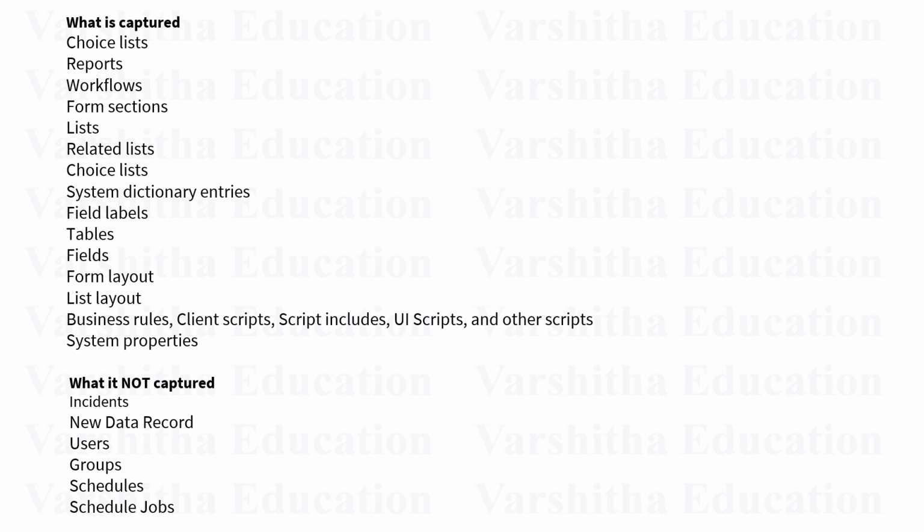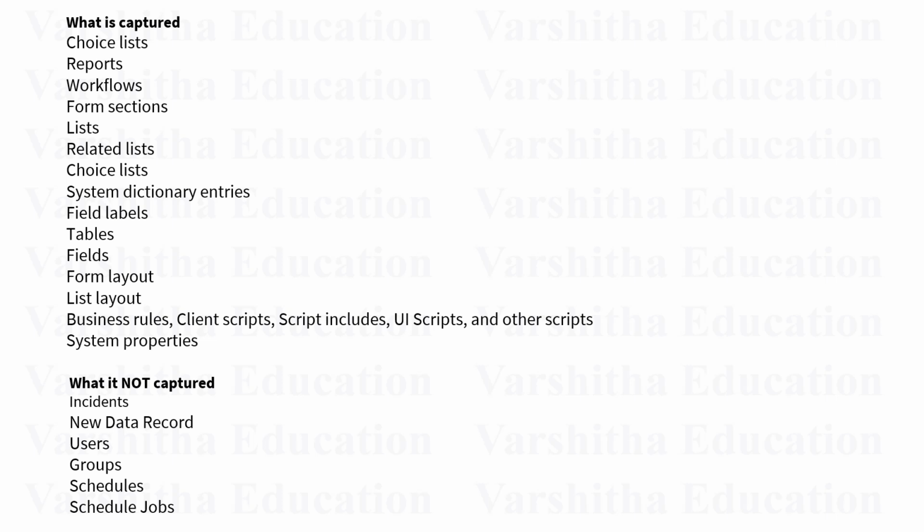So what is captured means choice list will be captured, and reports also, and workflows will also be captured, form sections will also be captured, and next list, related list, choice list, system dictionary entries, field labels, tables, fields, form layout, list layout, business rules, client scripts, script includes, UI scripts and other scripts, system properties. They are all captured. So most of the things are captured.